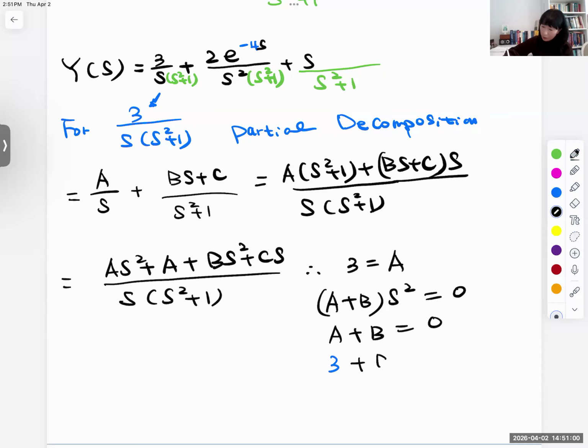Then b equal to -3, right? And then cs, we don't have s term, so cs equal to 0. That means c is equal to 0, right? Because there's no s term.